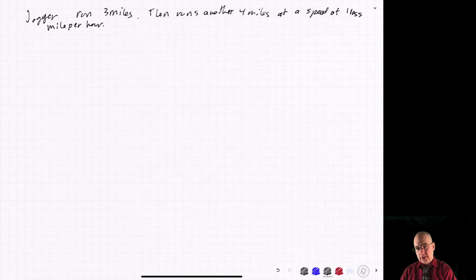So slightly slower. I don't exactly know how much, but like if the 3 miles originally took 1 hour, so 3 miles per hour would be the speed, and the one of the 4 miles would be at a speed of 2 miles per hour. It's 1 less. Okay, so that's the idea. That's the setup.